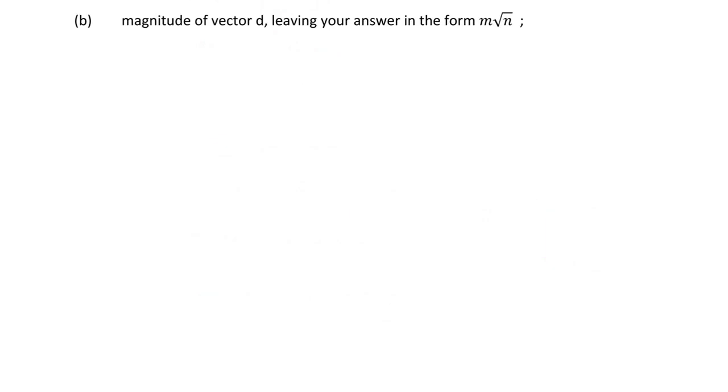Part B of the question: we are supposed to determine the magnitude of vector D, leaving our answer in the form m times under root n. The magnitude of the vector D is given by D equals under root x squared plus y squared.